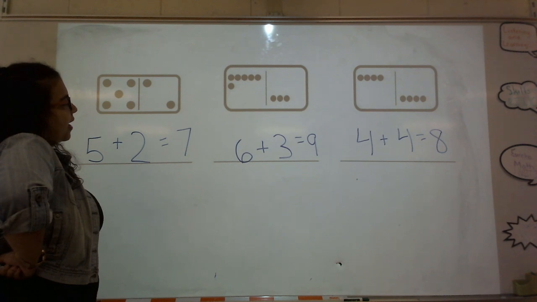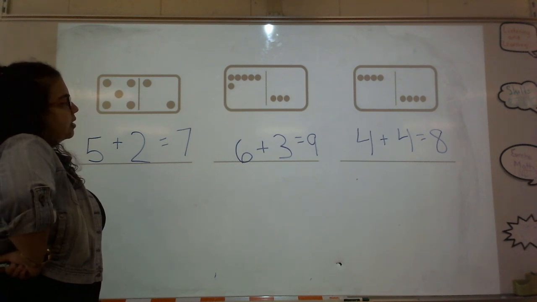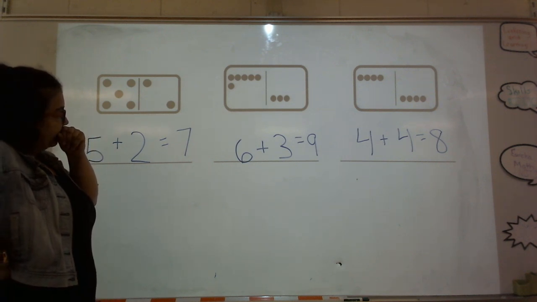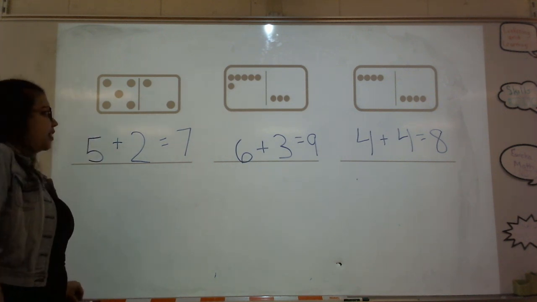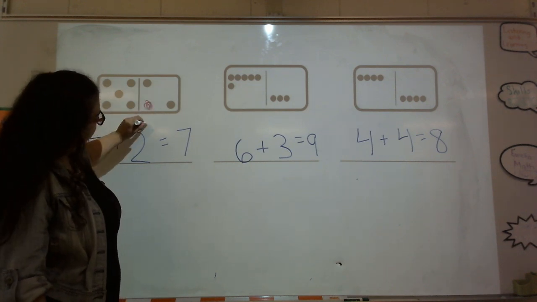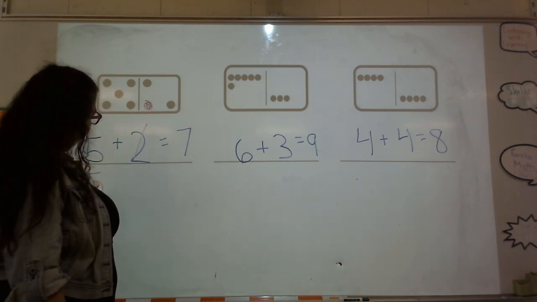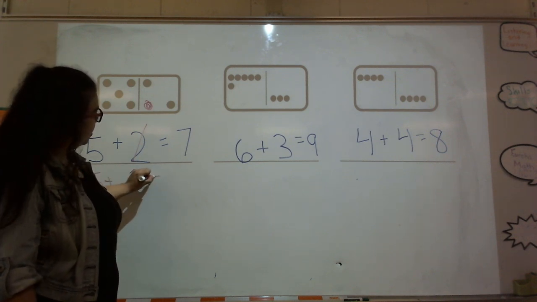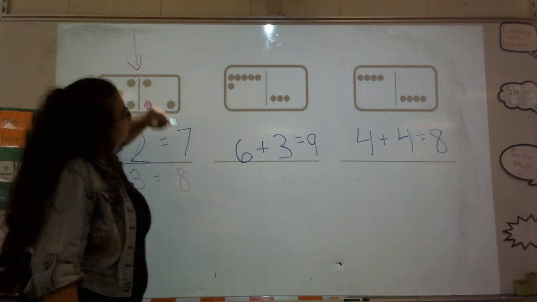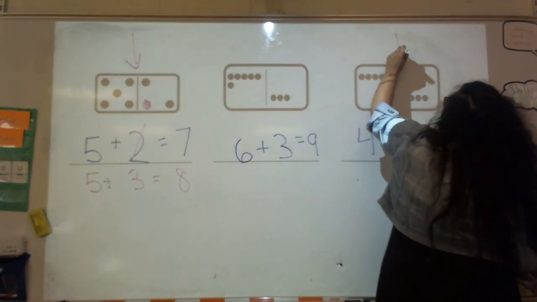Is there a way I could adjust any of these to make them match each other? I can make an easy change. How about instead of 2, I have 3. So this becomes 5 plus 3 is equal to 8. And now this domino is equal to this domino.